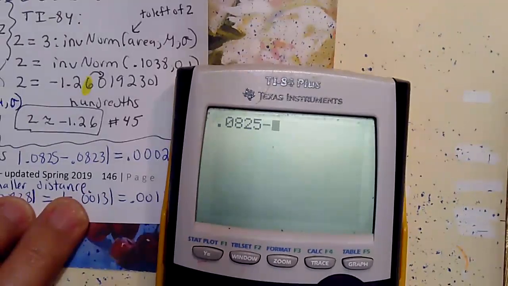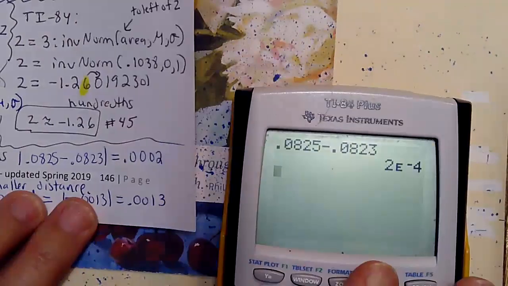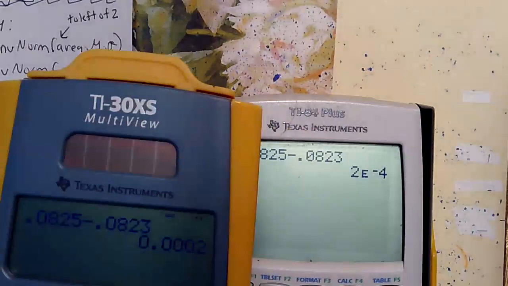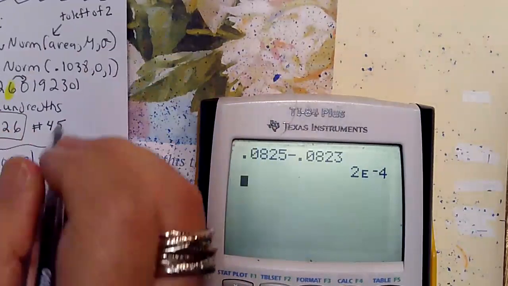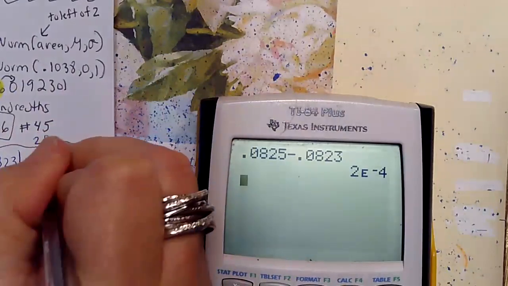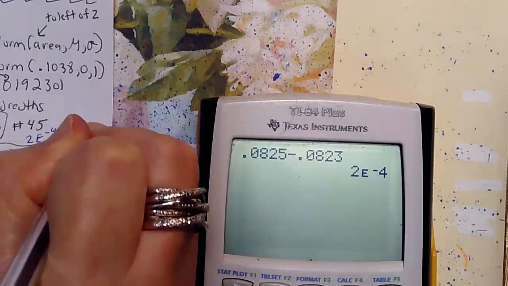0.0825 minus 0.0823. See how that gives you scientific notation? That would be in case you don't have another calculator and you have to learn this one. That's 2e to the negative 4, which is 2 times 10 to the negative 4.